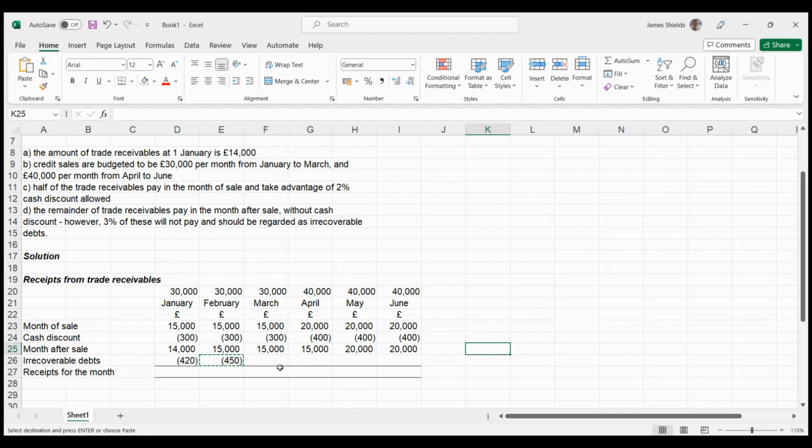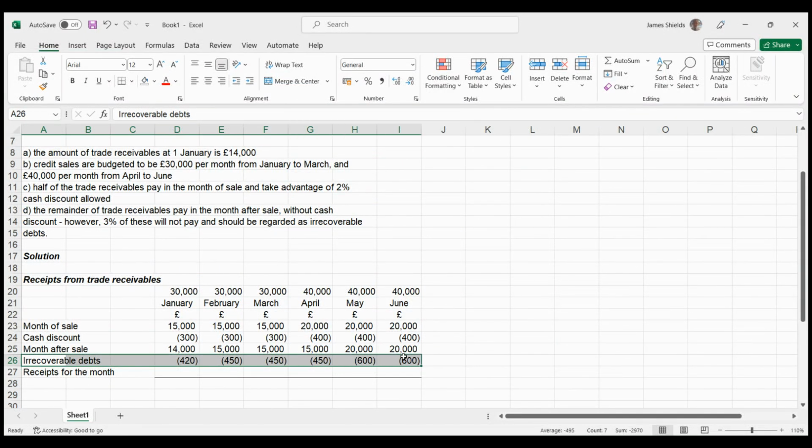It will be the same for March, because it's 3% of 15,000, and the same again for April. In May, it'll be 3% of 20,000, which is going to be £600. And likewise in June, it's going to be 3% of £20,000. So they're the amounts we're going to treat as irrecoverable debts, so we do not expect to get these amounts of money.